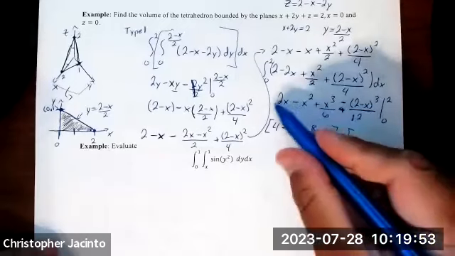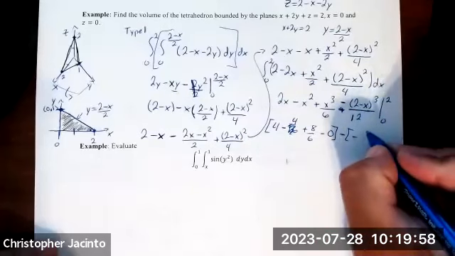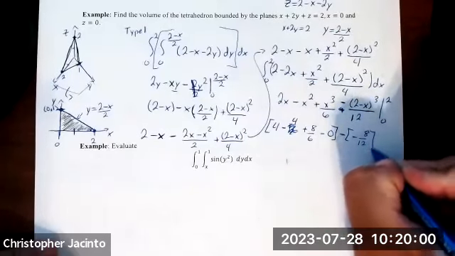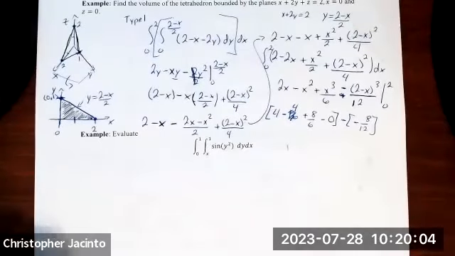And if we plug in 0, all that's gone. I get a minus here. So it'll be 2 is 8 over 12. Okay, not that bad.